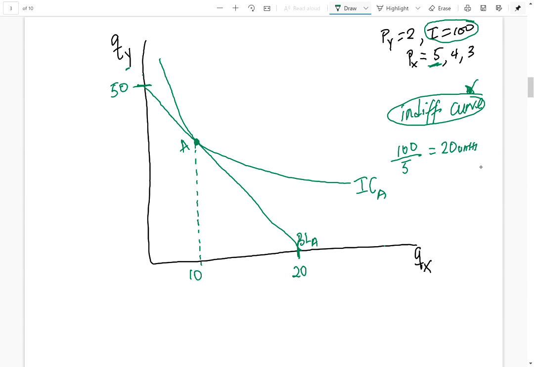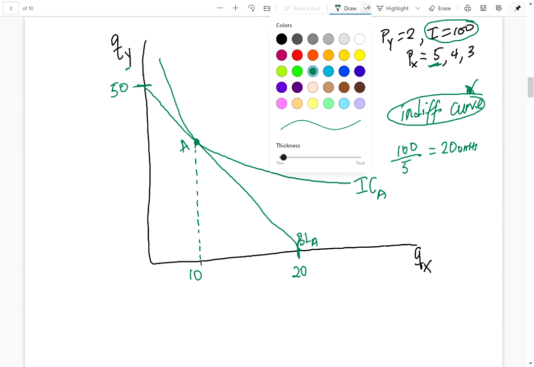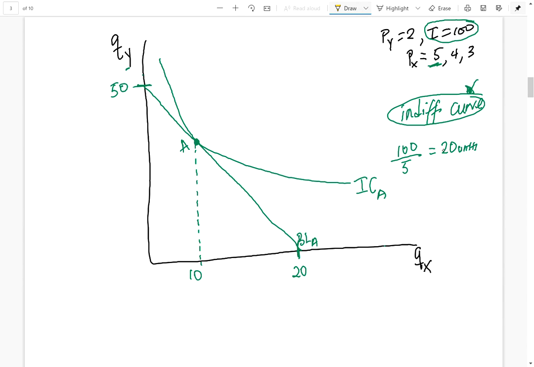Okay. So next we have a new budget line when the price is $4. So we go through the same process. Now, notice that the price that changes is the price of good X. The price of good Y stays the same. So Rory, if she was spending all her money on good Y, would still purchase 50.